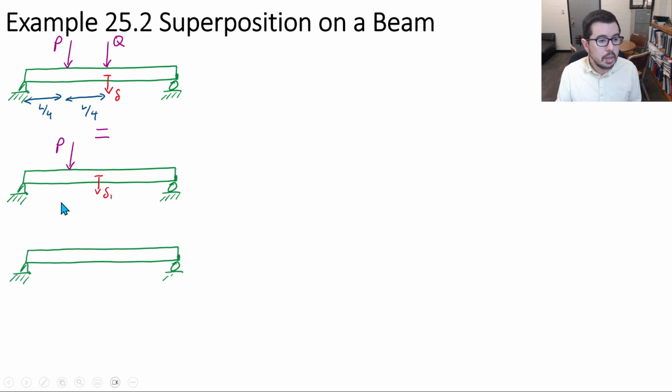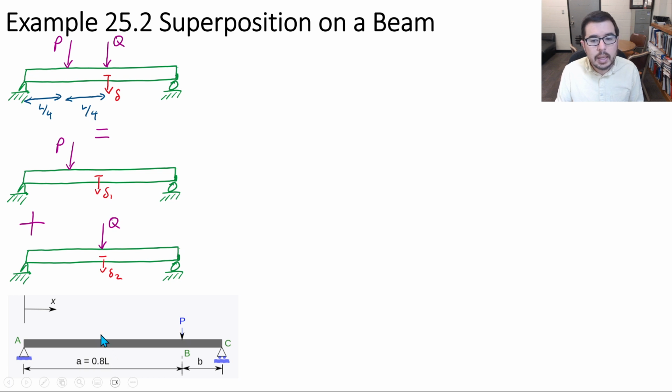So in this case, we're interested in the overall delta, and it's going to be equal to delta 1 plus delta 2, and delta 1 is a result of the load P, and delta 2 is a result of the load Q. Maybe we could have said delta P and delta Q instead, but anyway, I put in delta 1 and delta 2.